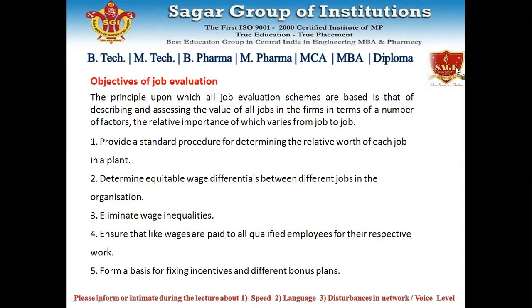Next, qualified workers should get corresponding wages for their respective work. Everybody who comes to any organization is basically coming to earn money, a good amount of money, and it should be proportional to the effort made by that person, because the more he works, the more he should get.